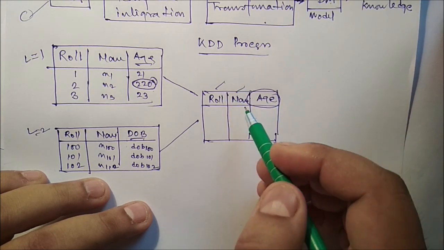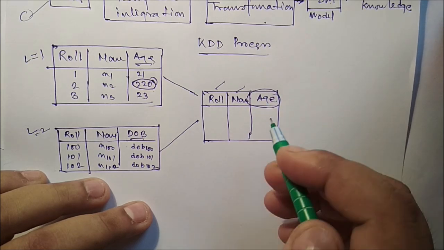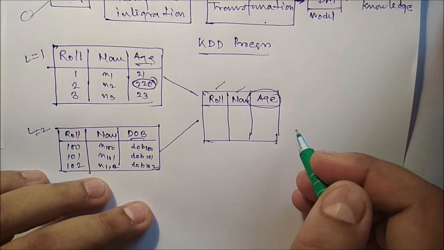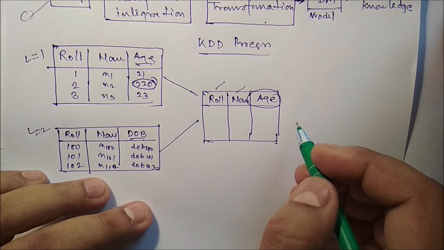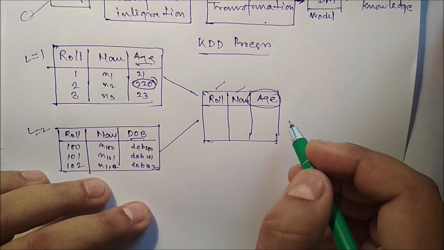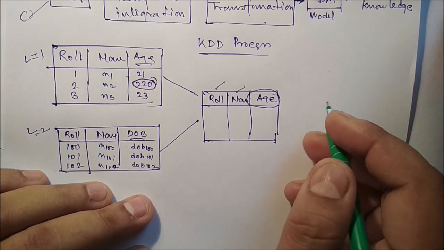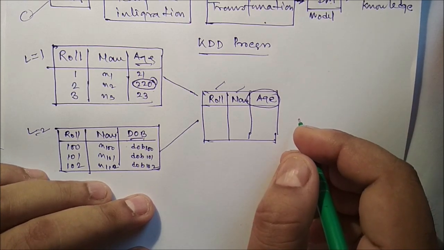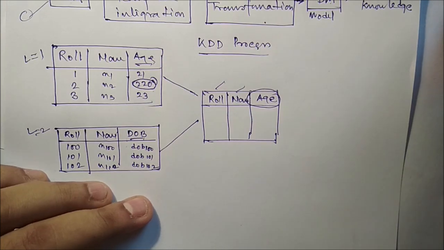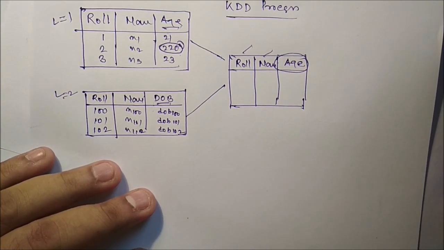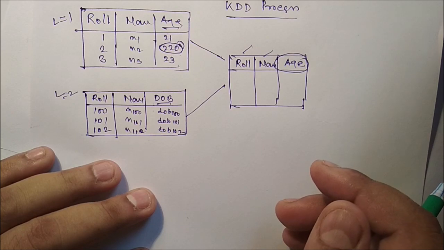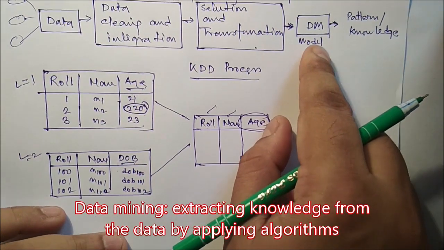So we can remove roll number and name and select only the age. Next is transformation. Various transformation techniques are there, normalization techniques, such as zero mean normalization and standard normalization; I will discuss these in a video. Next is data mining: extracting knowledge from the data by applying an algorithm.